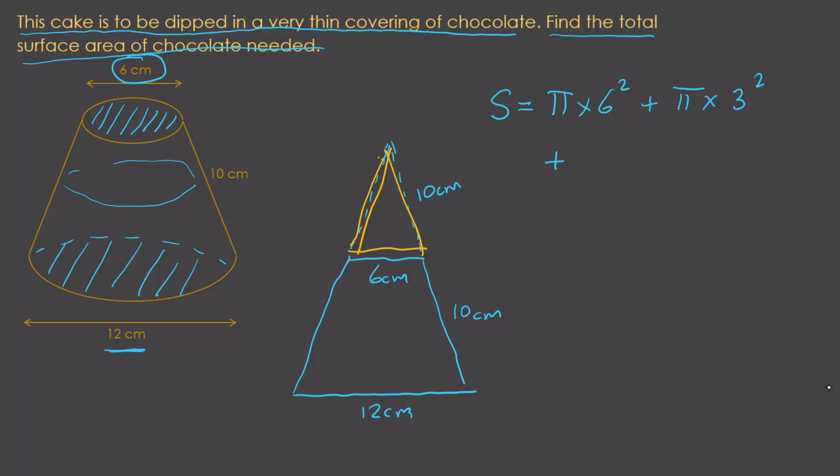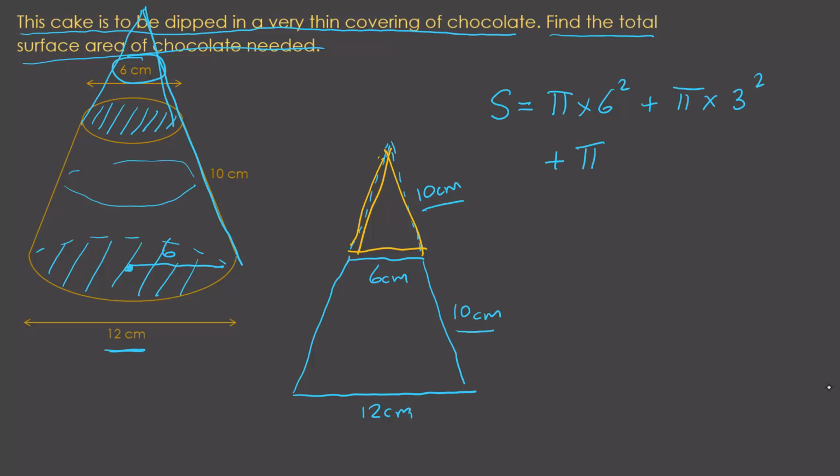Now, let's add the surface area of a whole cone. For the big cone, the radius is 6 and the slant height is in total 20.